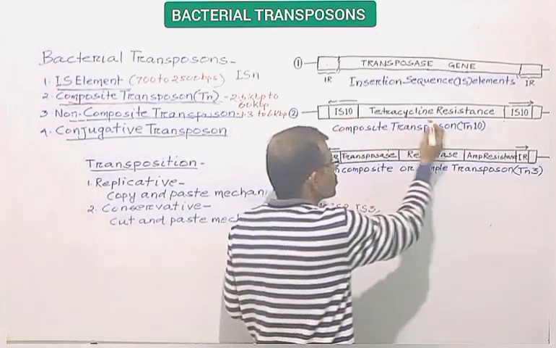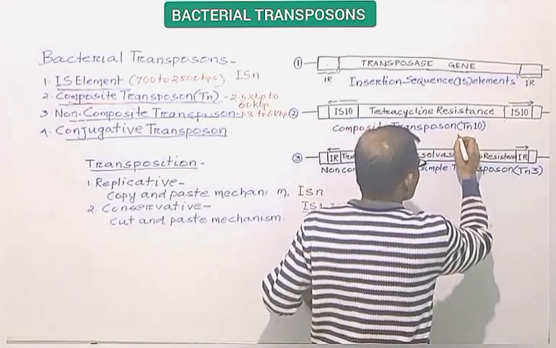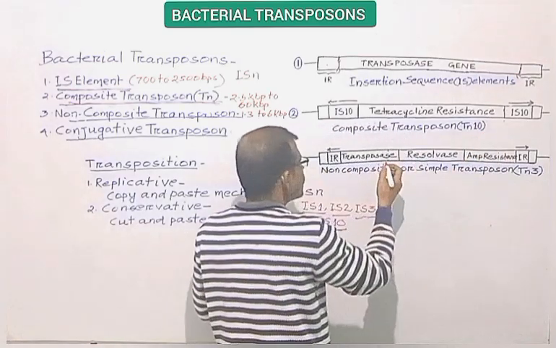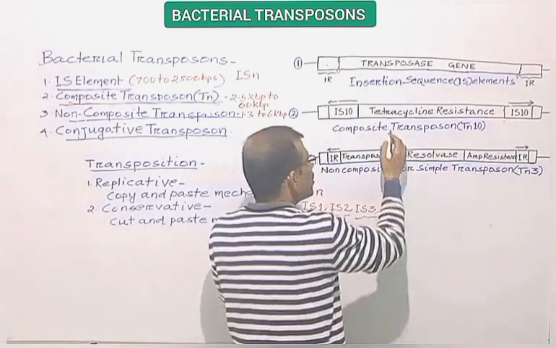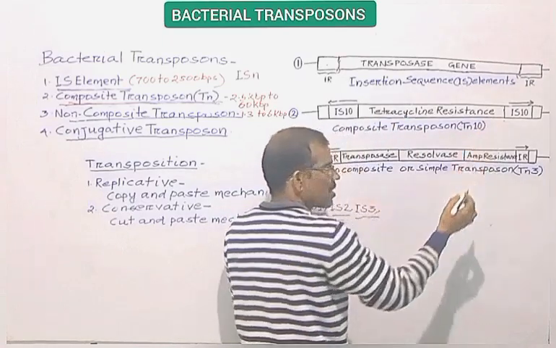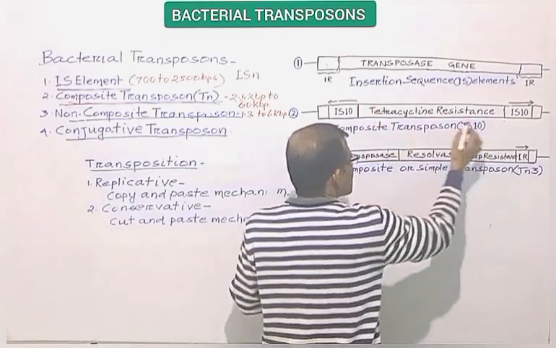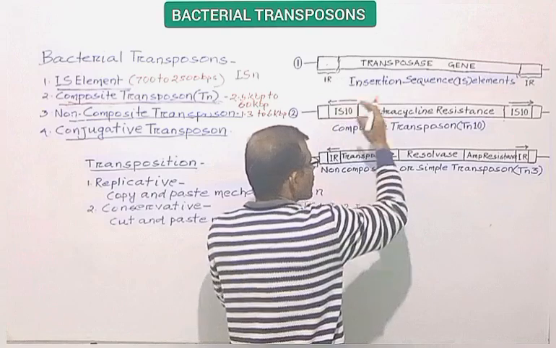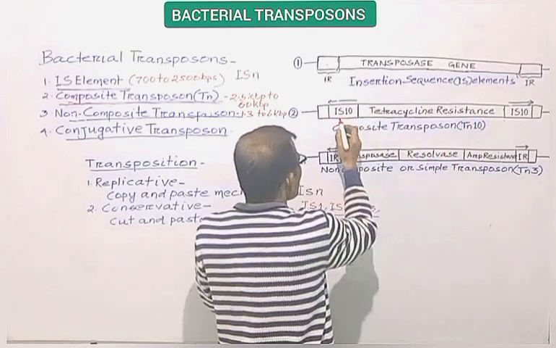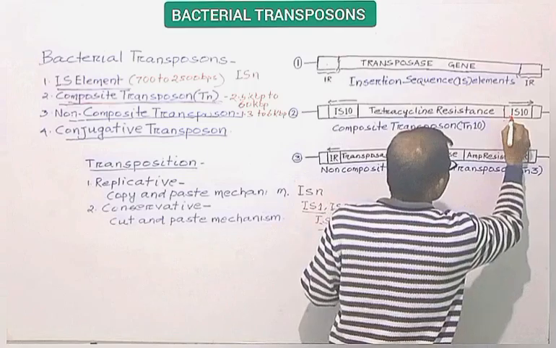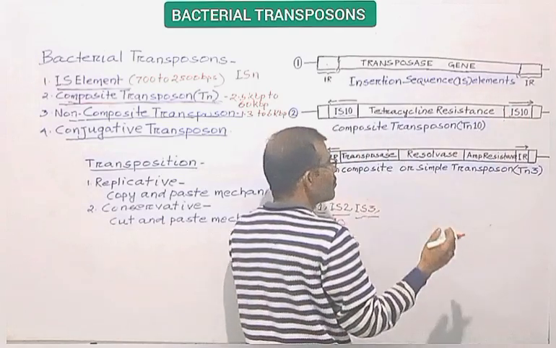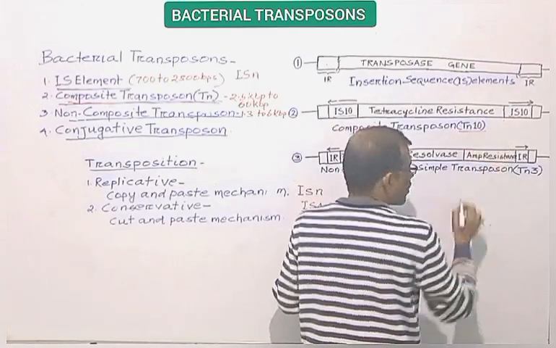This is the structure of composite transposon Tn10, in which the coding region contains the gene for tetracycline resistance, and the central region is flanked on either side by insertion sequence 10. Hence, the transposon is named Tn10.